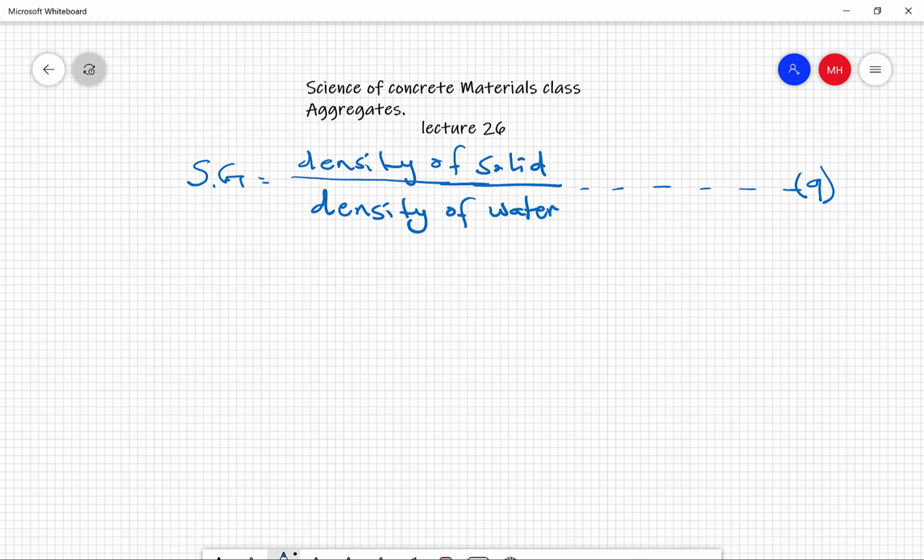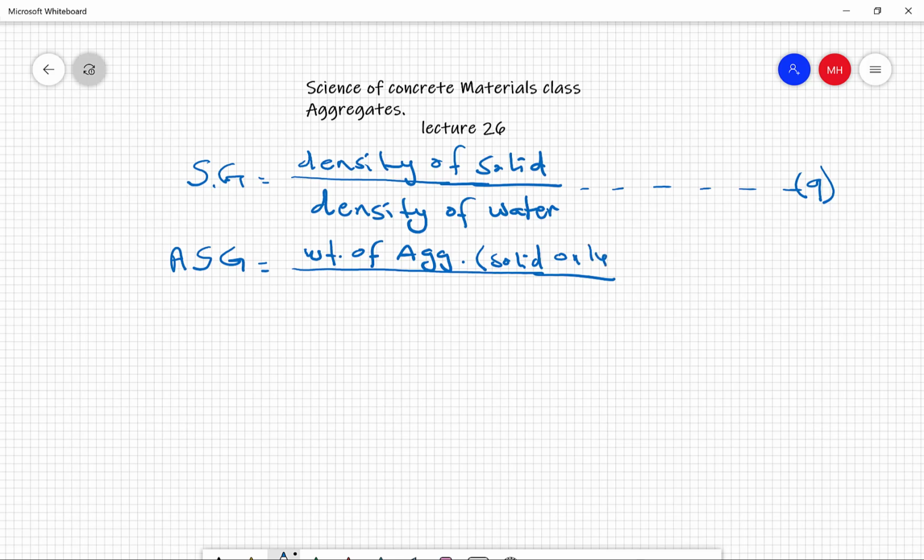Based on that, we can distinguish between different specific gravities. First, the apparent specific gravity, which refers only to the solid material, excluding the permeable pores. We can write it as follows: apparent specific gravity equals the weight of the aggregate, solid only, over the volume of the aggregate, again solid only, multiplied by 1 over the density of water.